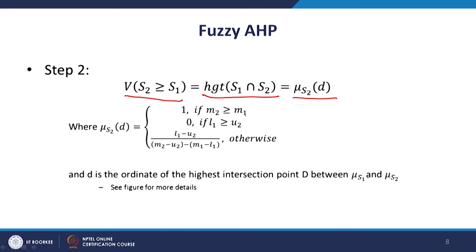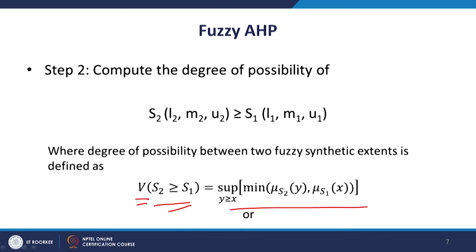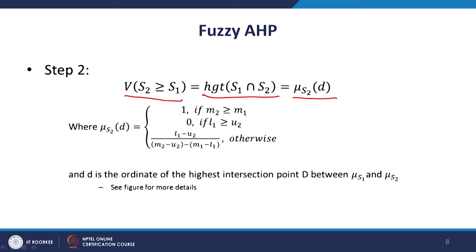So, this is the membership function for S2. It will convert into this, and the values can be computed from here. What we get is the degree of possibility that the fuzzy extent S2 is greater than S1.